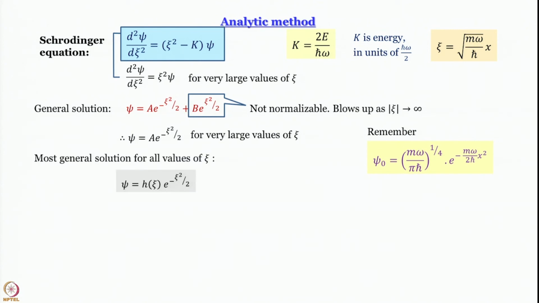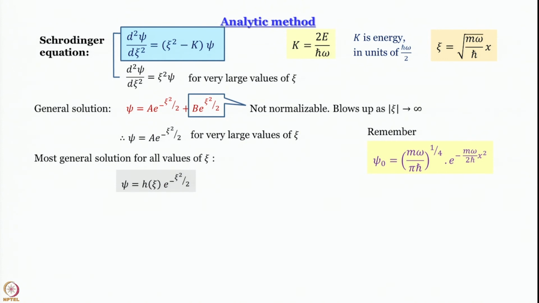So, what will the general solution be? If we think of small values of xi as well, we can restore generality by remembering that we will need this e to the power minus xi square by 2 function, the exponential factor, which becomes 0 at plus minus infinity. Whatever we have has to be multiplied by it.